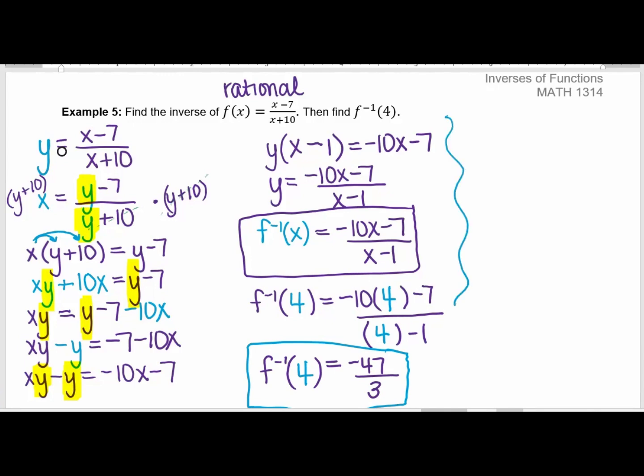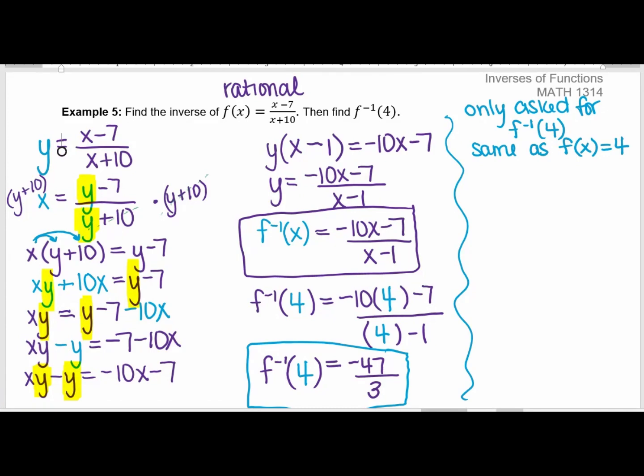Now, this problem asked us to find the inverse. If it only asked for f inverse of 4, remember f inverse of 4 is the same thing as f of x equaling 4, because the x and the y's flip-flop from the original to the inverse.